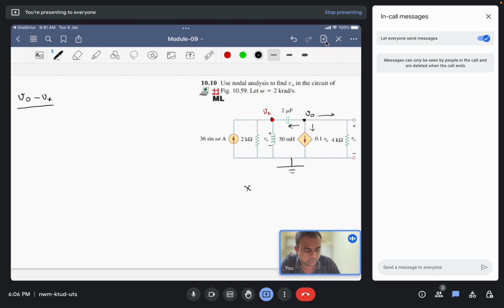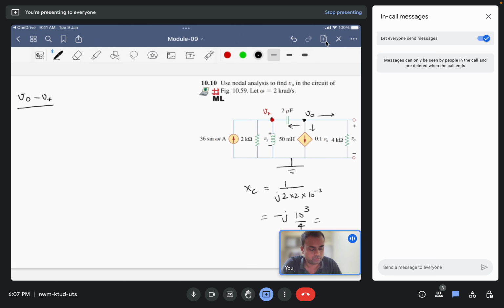So we have to calculate Xc. Xc will be 1 upon j into omega. Omega is given as 2 kiloradian, and the capacitor is 2 micro, so into 2, and there will be 10 to the power minus 3. Taking j above, minus j 10 to the power 3 by 4.